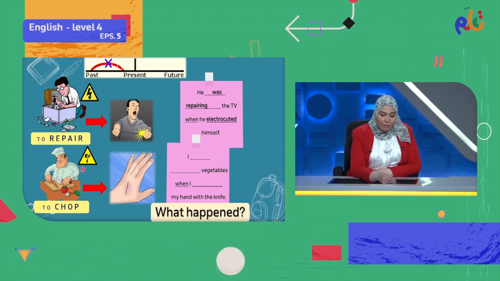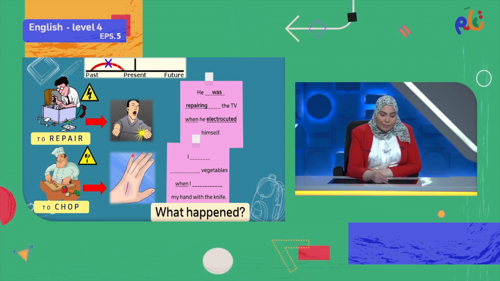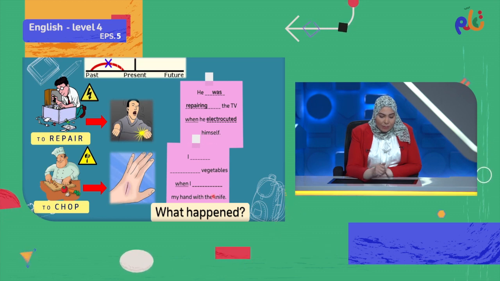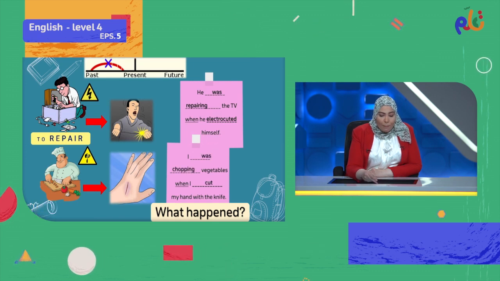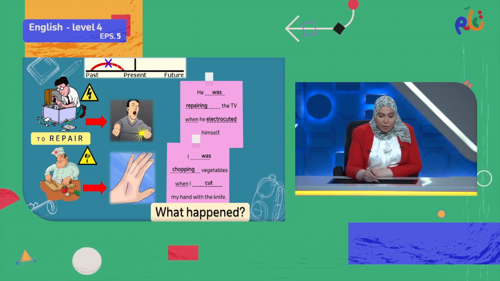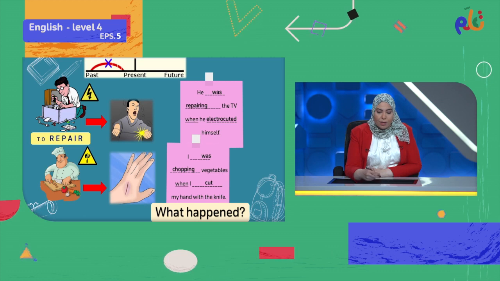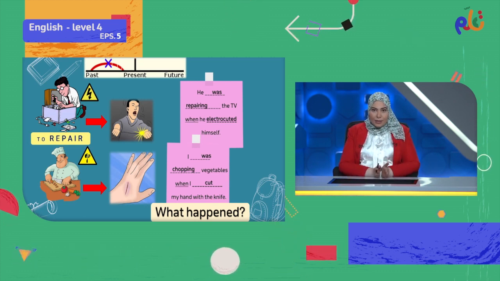And we have the chef. The verb is chop. So when he speaks about the problem, when he speaks about what happened, he would say, I was chopping vegetables. I was chopping vegetables when I cut my hand with a knife. So here we're talking about the problem that they faced.